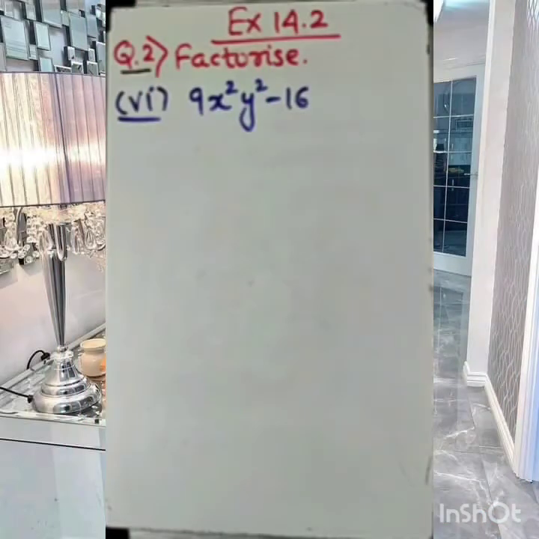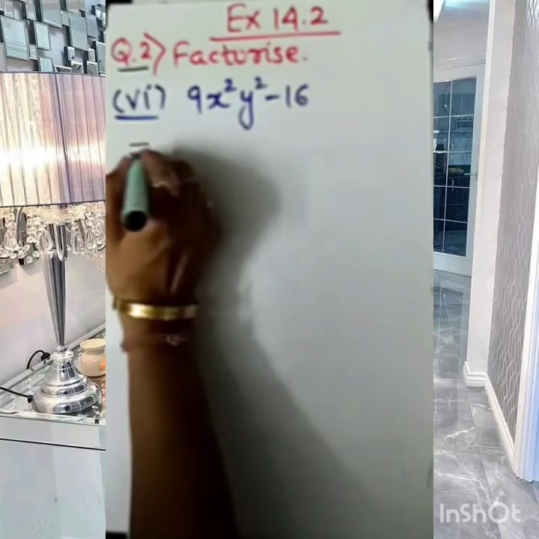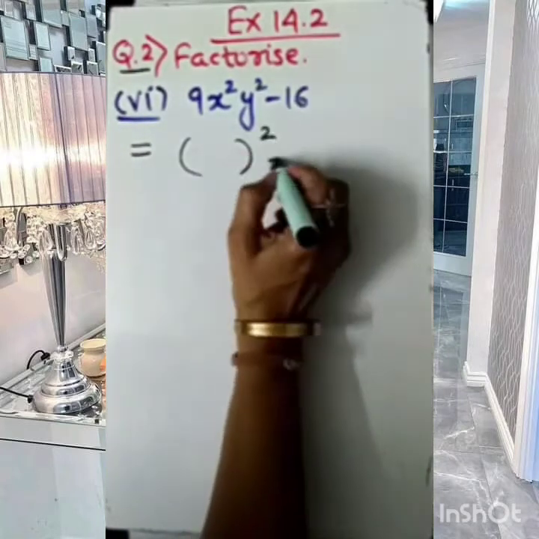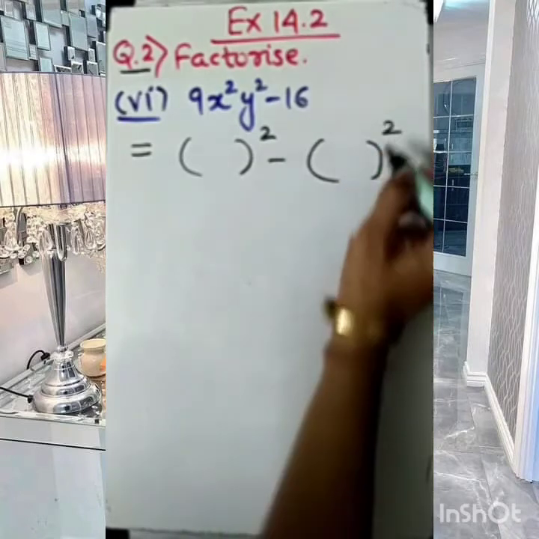So dear student, the question is on your screen: 9x square y square minus 16. How to sort it out? Very simple, very easy. Directly we will apply the third identity over here. The reason is that this is a perfect square and this is also a perfect square.